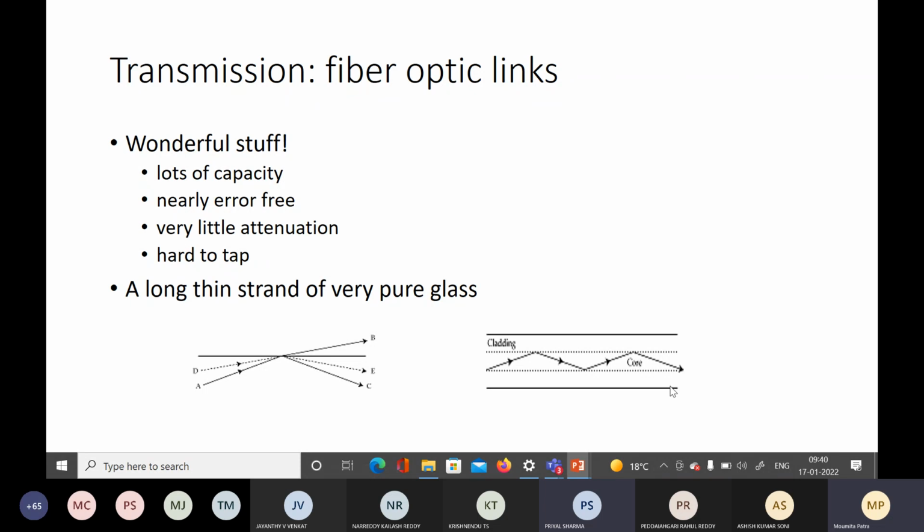There is enough insulation, and the glass material used for the optical fiber will cause total internal reflection, and that is known as the core here. That is why it is known to have very little attenuation, nearly error free, and hence a lot of capacity associated with it.